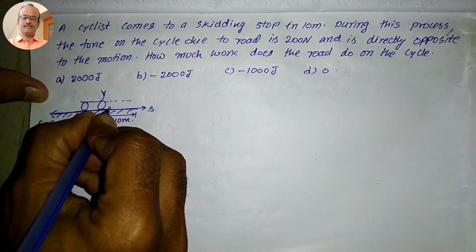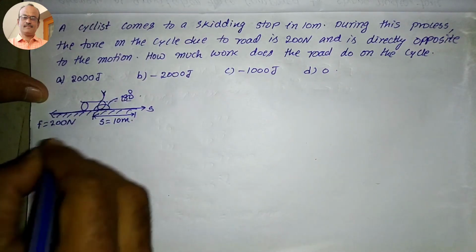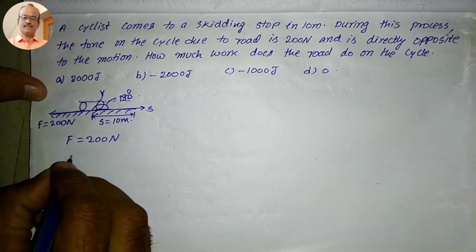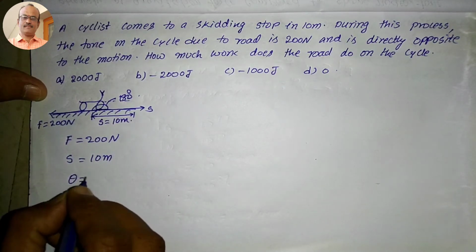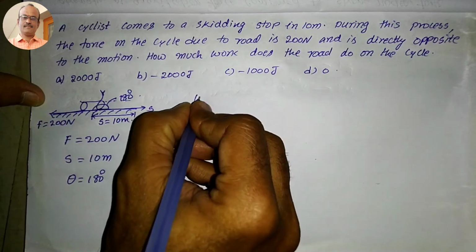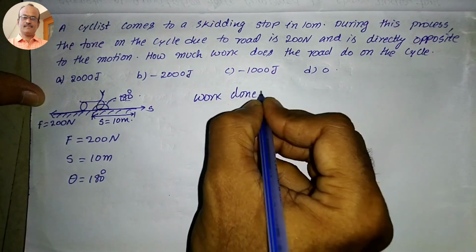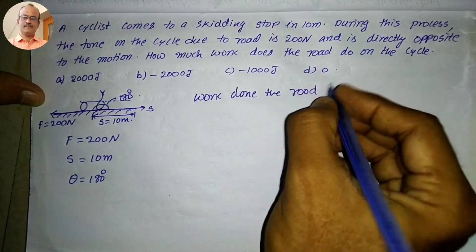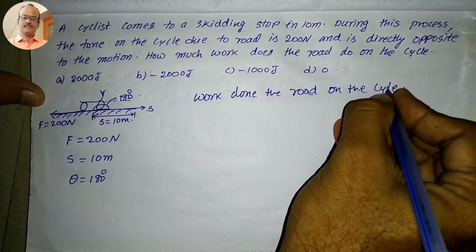So the angle between displacement and force is taken as 180 degrees. So given force is equal to 200 newtons, displacement is equal to 10 meters and angle is equal to 180 degrees. But which one do we want to calculate here? That is the work done by the road on the cycle.